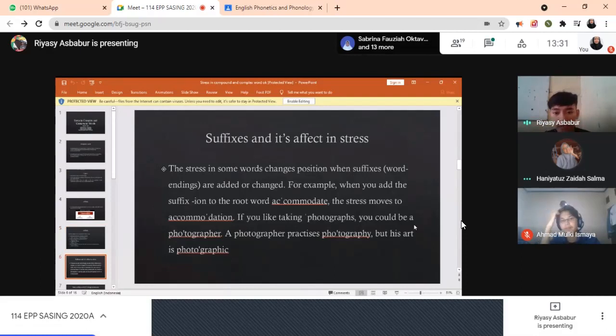Okay, suffix and its effect on stress. The stress in some words changes position when suffix word endings are added or changed. For example, when you add the suffix -ion to the root word accommodate, the stress moves in accommodation.